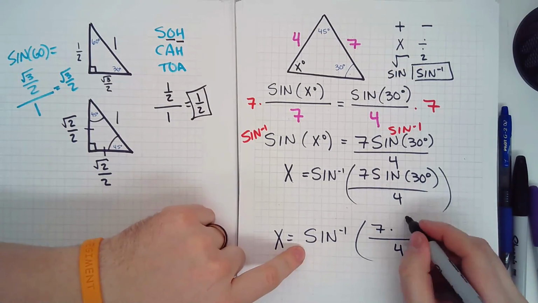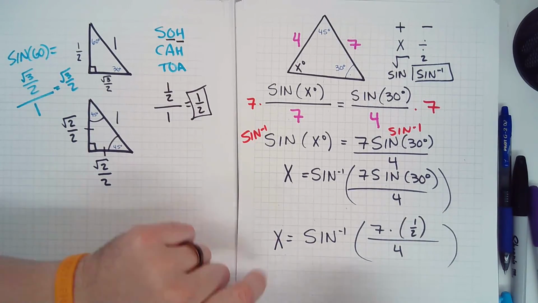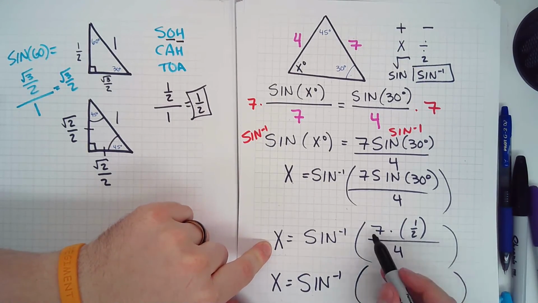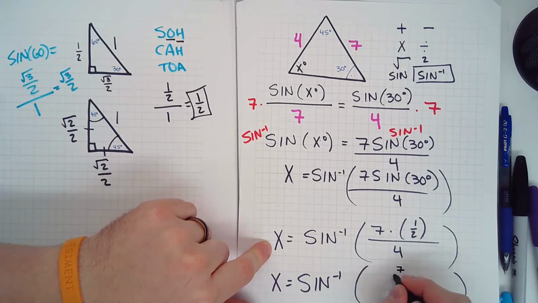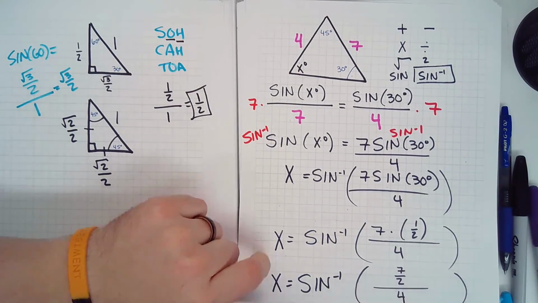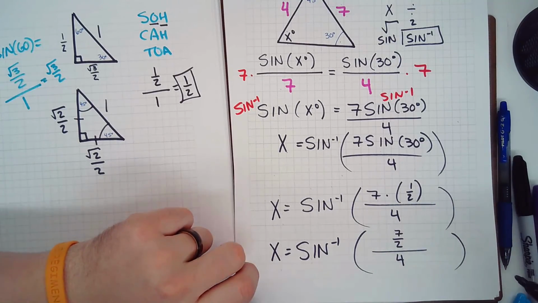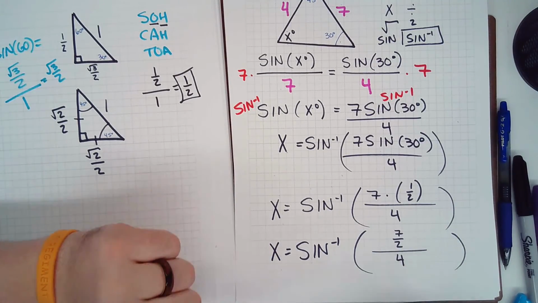Cool. So I can simplify some more and get x equals the sine inverse of all this stuff. 7 times a half is 7 over 2. And that's still all going to be over 4. Well, you know that when we have double division like this, instead of dividing 7 halves by 4, we can multiply 7 halves by the reciprocal of 4.